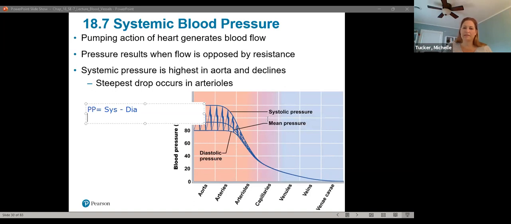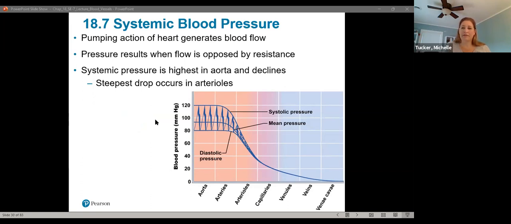The mean arterial pressure is equal to diastolic plus 1/3 pulse pressure, because the heart spends more time in diastole than systole. If it were just an average, then the mean pressure would be 100. But because of that additional time spent in diastole, it drops slightly below. For this example, it would be 93.